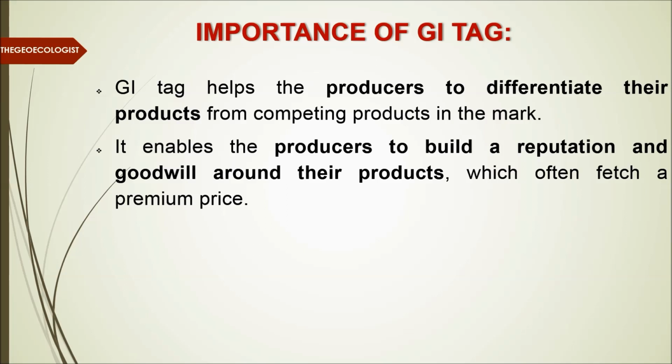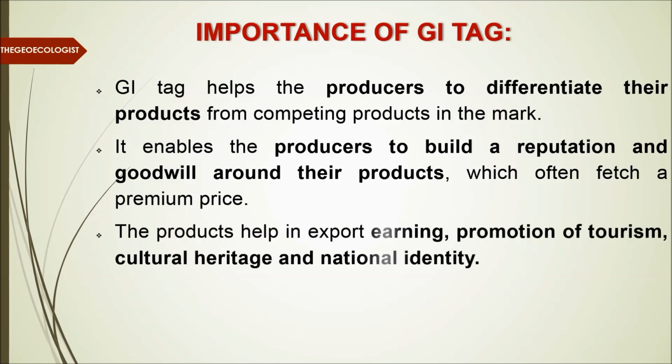As I gave the example of Pashmina shawl or Banarsi silk, you have this particular reputation of these products amongst the consumer, and they often fetch those producers a premium price. They are well priced. Then the products help in export earning. That is the most important point again in terms of trade.